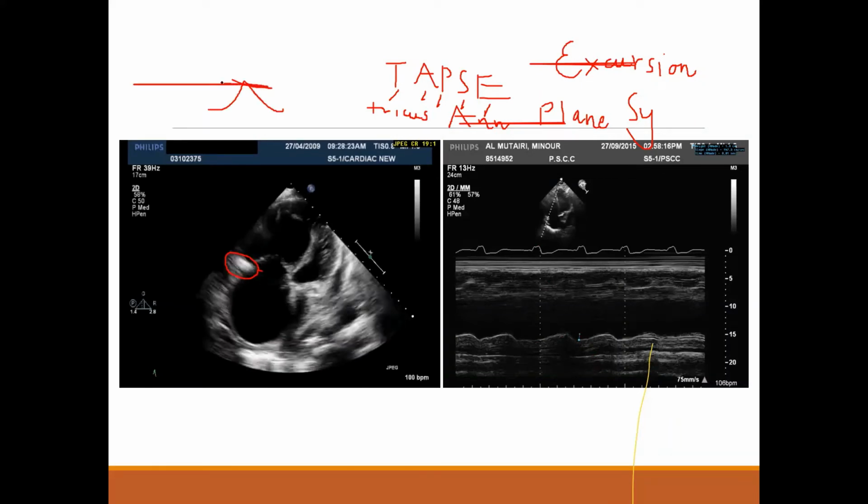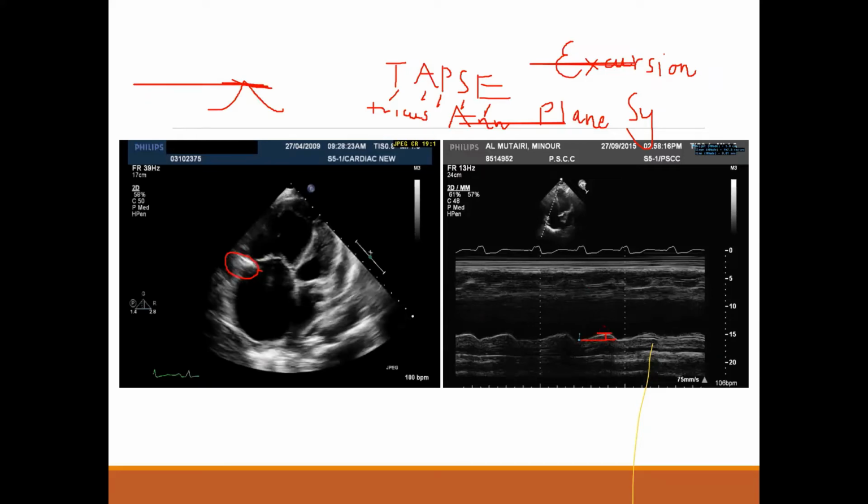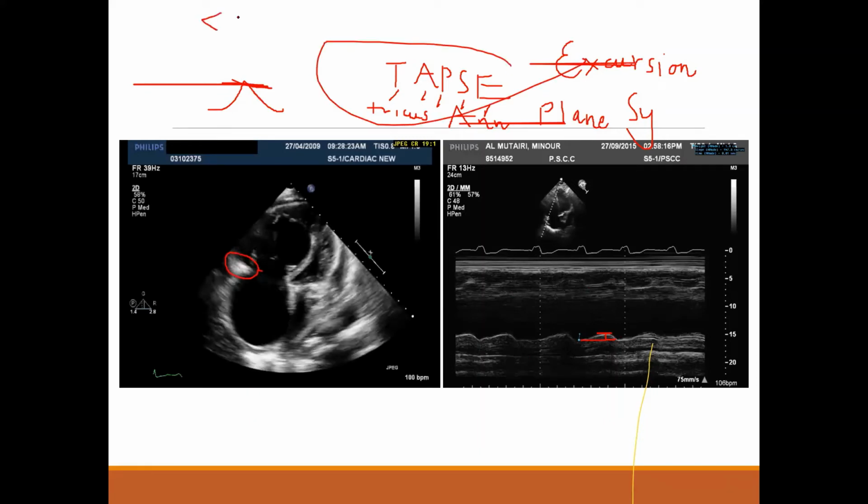The systolic excursion means the peak of systole, so we are measuring from the baseline here to the peak of systole here. How much? The distance. That is the TAPSE. A distance of more than 17 millimeters, which is 1.7 centimeters, is normal.